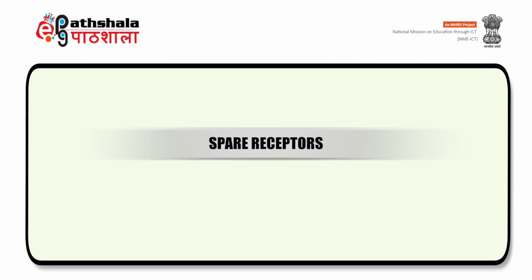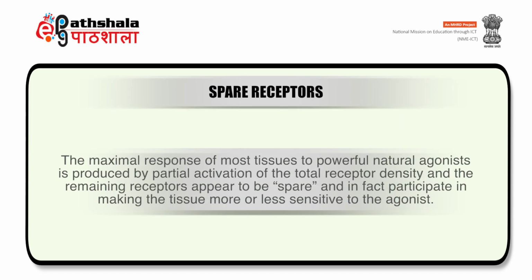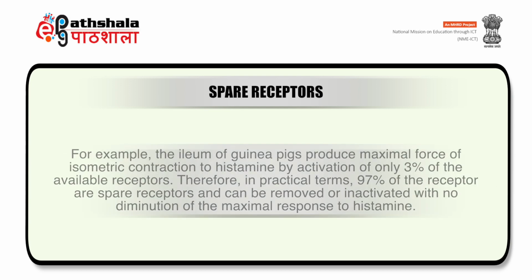What are these spare receptors? The maximal response of most tissue to a powerful natural agonist is produced by partial activation of the total receptor density, and the remaining receptors appear to be spare, and in fact they participate in making the tissue more or less sensitive to the agonist. Let's understand this with the help of an example.